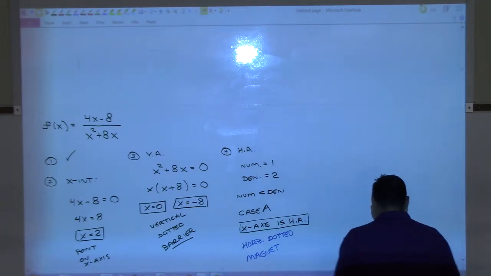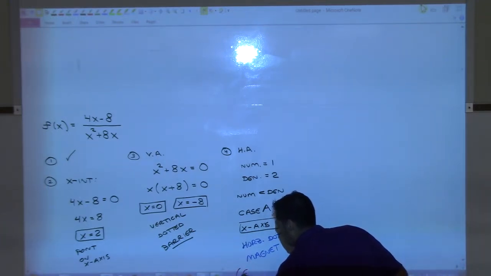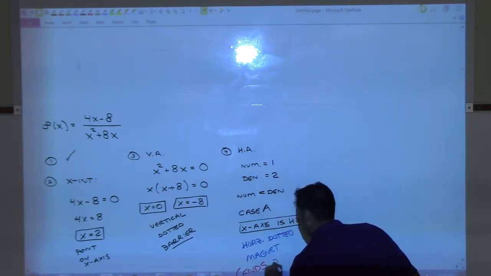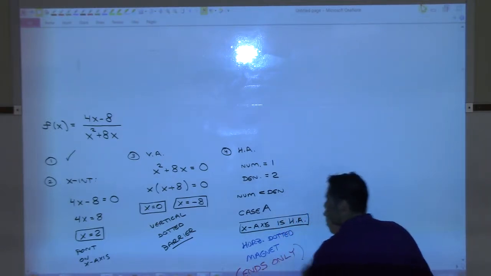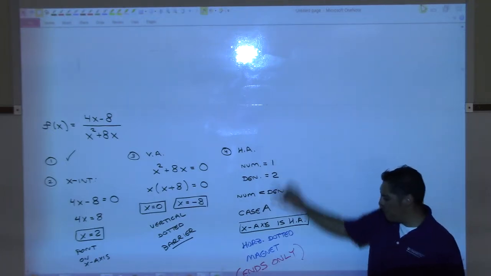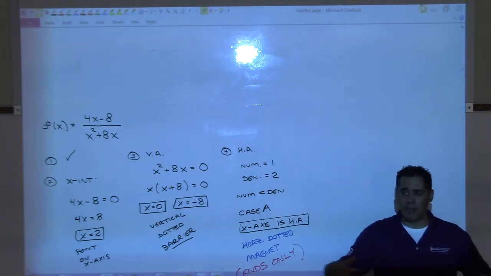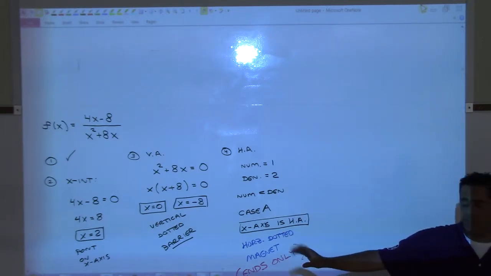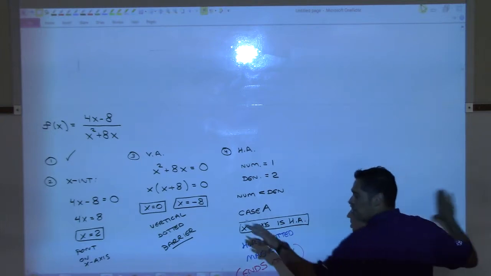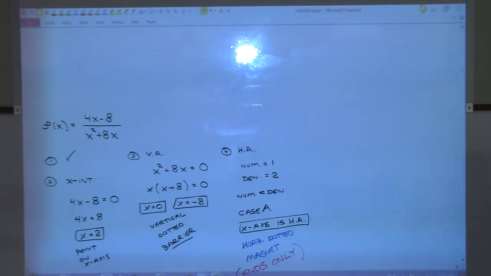But here's the part I want you to make sure you understand. You only draw this at the ends. Ends only. You'll see when I go to draw the graph what I mean by that. This step, step 4, only gives you the end behavior. It does not tell you what's happening in the middle of the function. It only tells you what happens at the edges. And this says that at the edges, our graph gets pulled down to the x-axis. You'll see why that's important in a second.